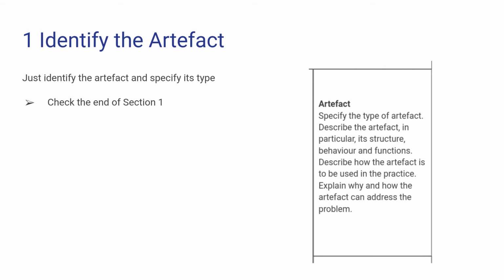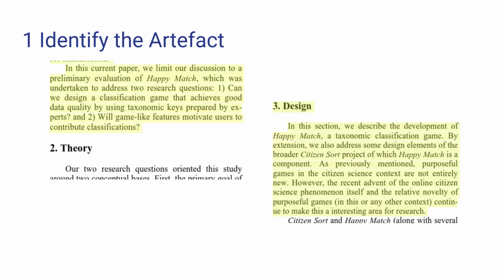And typically, you will find some description of this artifact very early in the paper, often in the end of the first section. So here are some excerpts from this example paper, and they are stating here, okay, there is some game that they are going to look upon. It's called Happy Match, and it's a classification game where you point at different objects and you try to classify them.